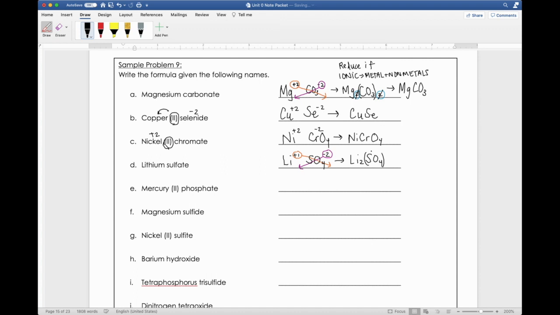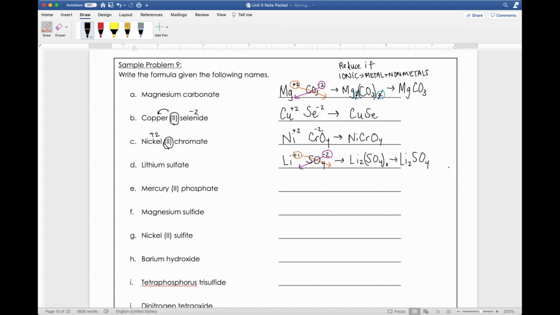It has to stay. What this 1 means is that you have 1 of this whole entire group. You have 1 sulfate group. Because it is 1 whole sulfate group, you don't have to write that SO4 in parentheses. If you want to, by all means do it, but it's unnecessary. That is your final formula. It is Li2SO4.